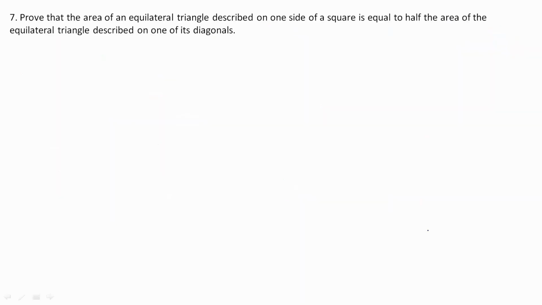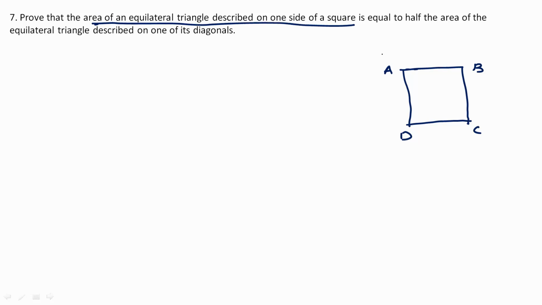Now see question number 7. The question number 7 is, prove that the area of an equilateral triangle described on one side of a square ABCD is equal to half the area of the equilateral triangle described on one of its diagonals.